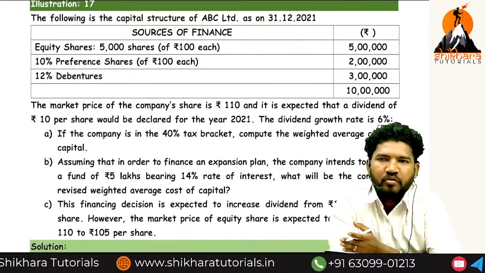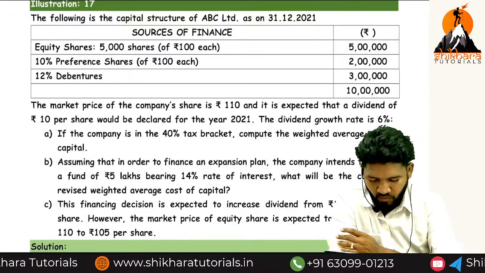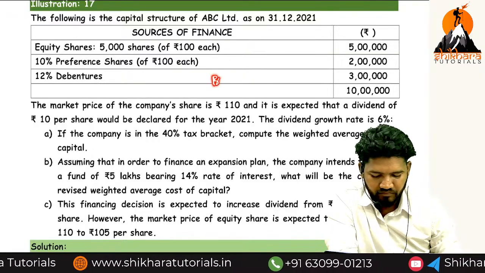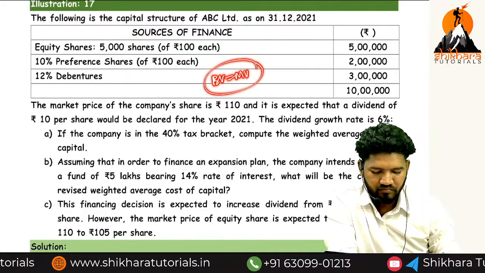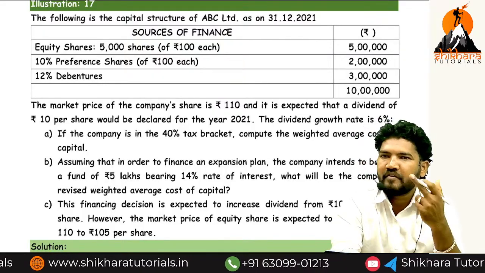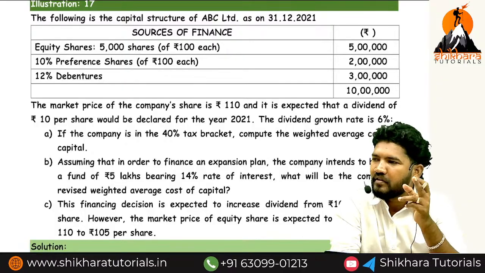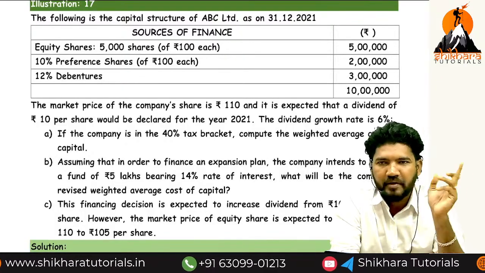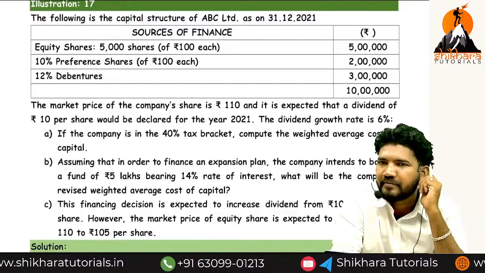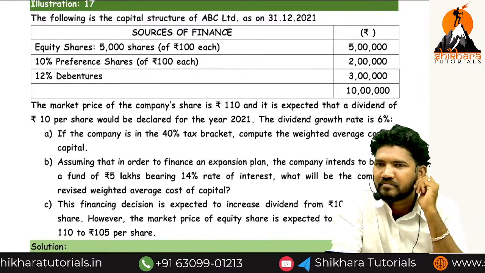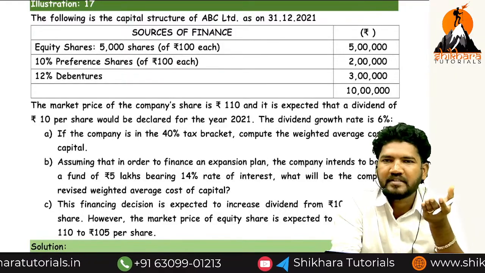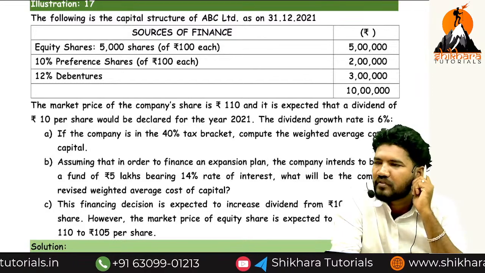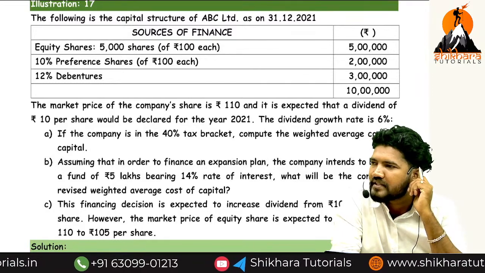Why? Because no market price is given. What about this debenture? But in the previous problem, they provided the preference share market price and debenture market price. Here they did not provide it. Face value is nothing but market price. Now capital is nothing but market value. Clear? Yes or no, sir?